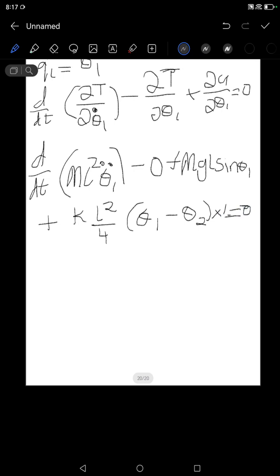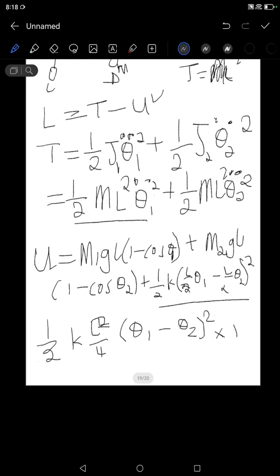Okay, and then now we're going to differentiate this with respect to time. Even here I made a mistake. It's supposed to be theta dot, not theta dot dot. This one is not theta dot dot, it's theta dot. Not two dots, it's only one.